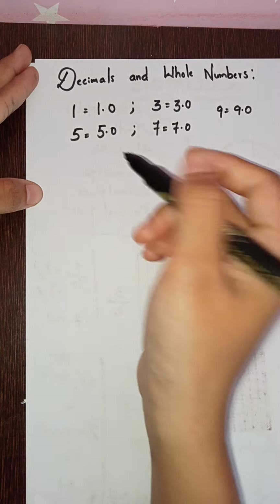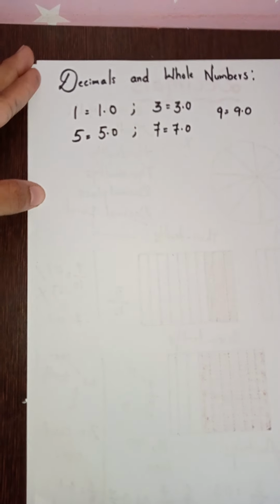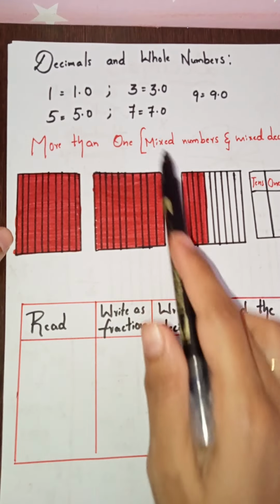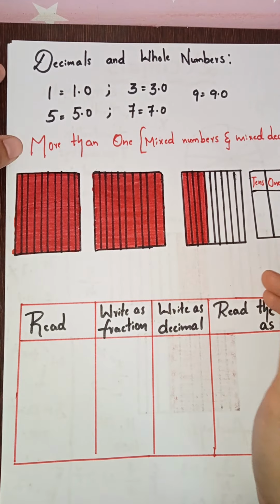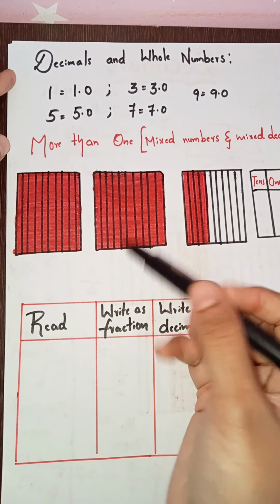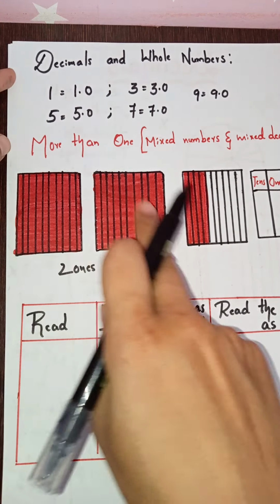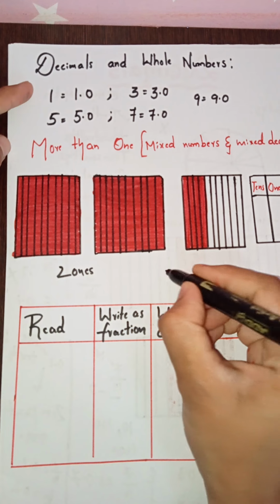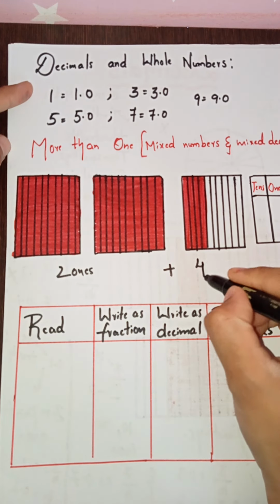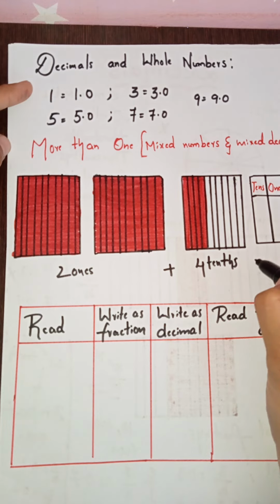Now numbers more than 1 are mixed numbers and mixed decimals. Here the figures show 2 ones and 4 tenths, or 4 by 10.